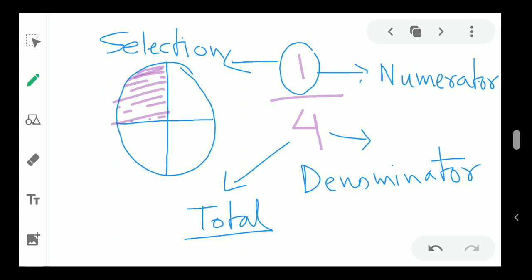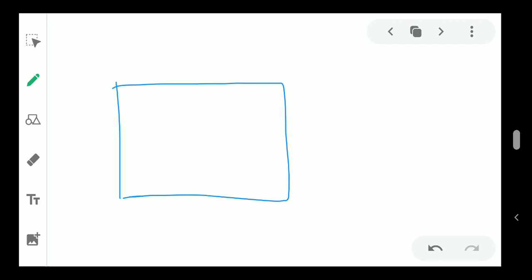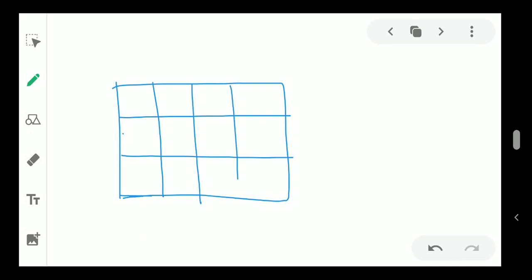Another example, let's say you are working, and you have a drawing sheet like that, you have some boxes like that, and you are trying to color all the boxes. Let's say you are making a chessboard. So here we can see that 1 2 3 4 5 6 7 8 9 10 11 12 pieces are there in total.